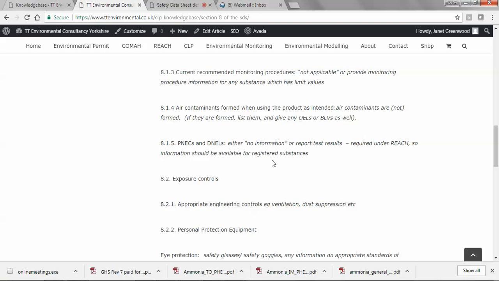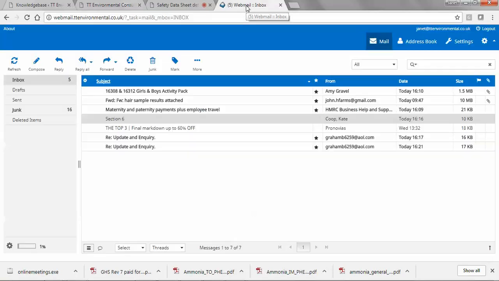So where you have gone through a REACH registration, the information on PNECs and DNELs will be provided to you as part of the information that you buy, or you will have somebody else in regulatory affairs who's gone through and generated that information. And the information should be placed in your safety data sheet at this point. I'm assuming that none of us here are going to be doing PNECs and DNELs, so we just need to know where to get that information from.